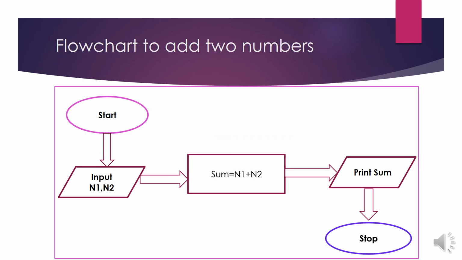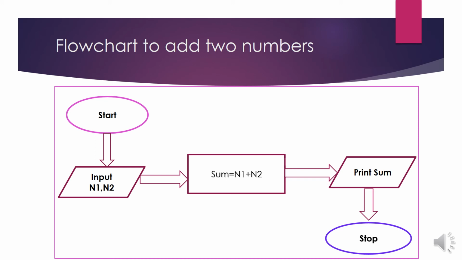This is a very simple flowchart to show you how it works. First of all, oval symbol or start symbol is used, as you know that every flowchart must have a start.